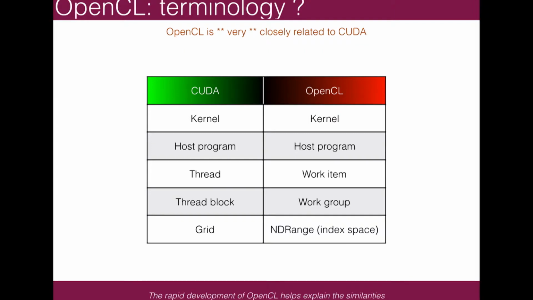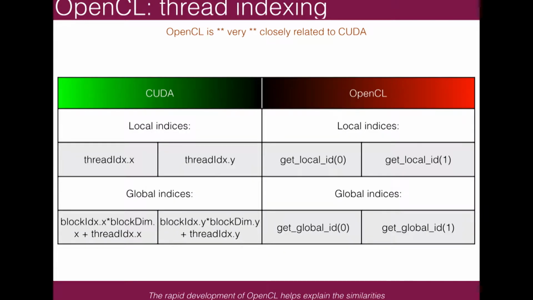OpenCL is very closely, I'm being generous here, closely related to CUDA. So the terminology, kernels, host programs, threads, thread blocks, grid, have OpenCL variants. This nasty thread index thing, we now have API calls. Okay? So if you're in an OpenCL kernel, you want to know your thread index, you call get_local_id.